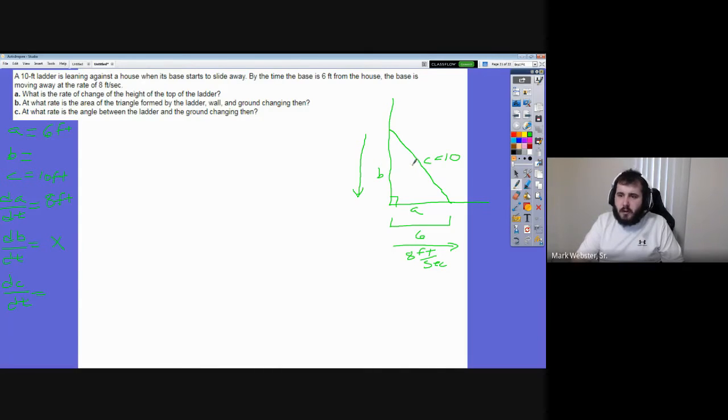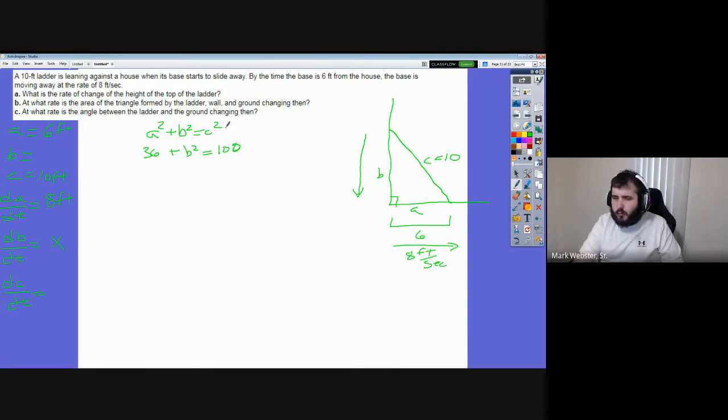Well, what's B? How do we figure out what B is? We know A is 6 and C is 10. Well, aren't we using the Pythagorean theorem anyway? How do we find B? Don't we just plug in and find, right? A squared plus B squared equals C squared.